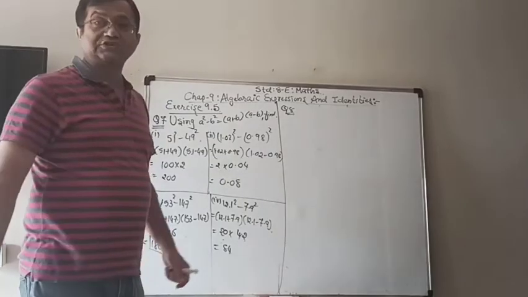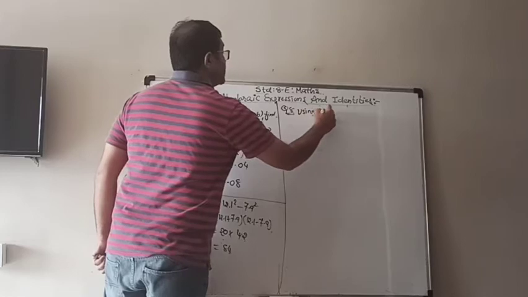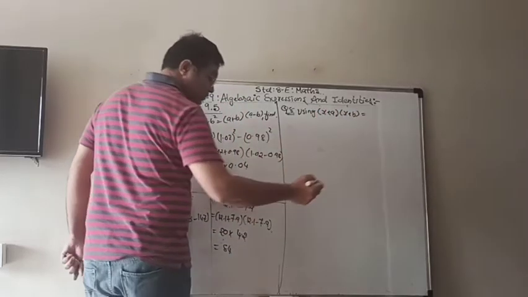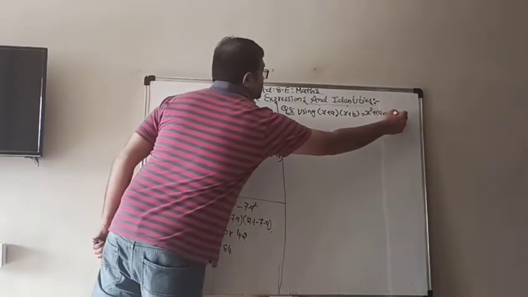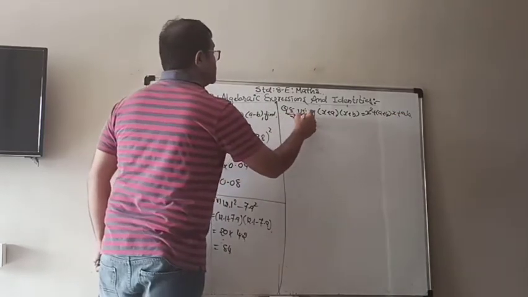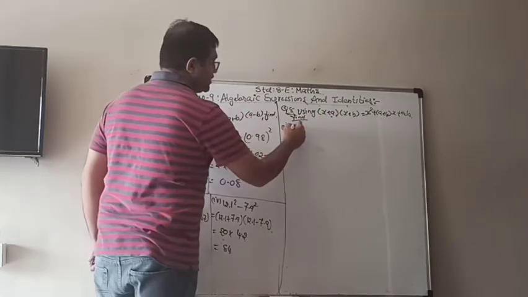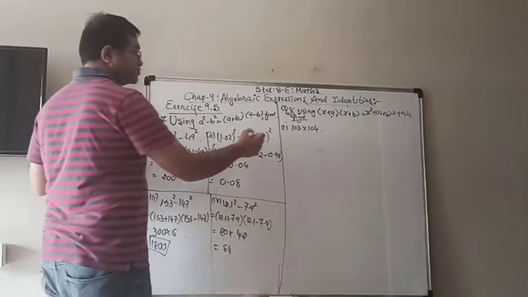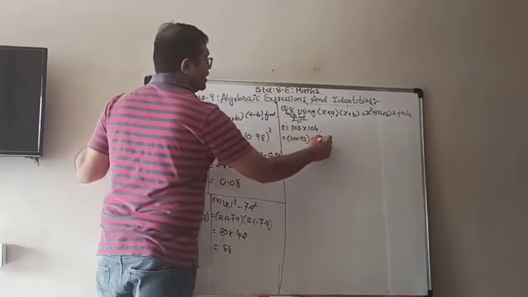Last question, question number 8. Using x plus a, x plus b is equal to x square plus a plus b x plus ab. Fine. So we have to use this fourth identity. First one is 103 multiplied by 104. So here it is 100 plus 3, 100 plus 4.